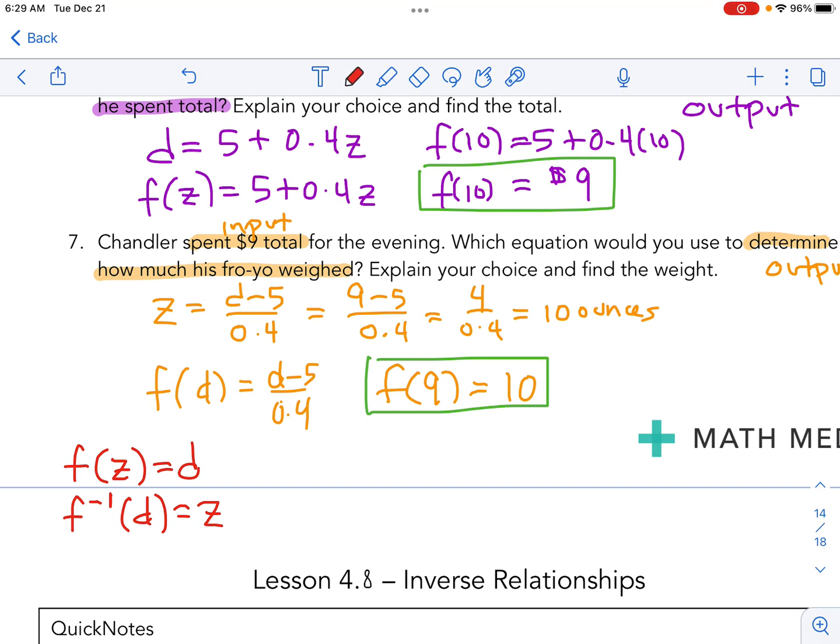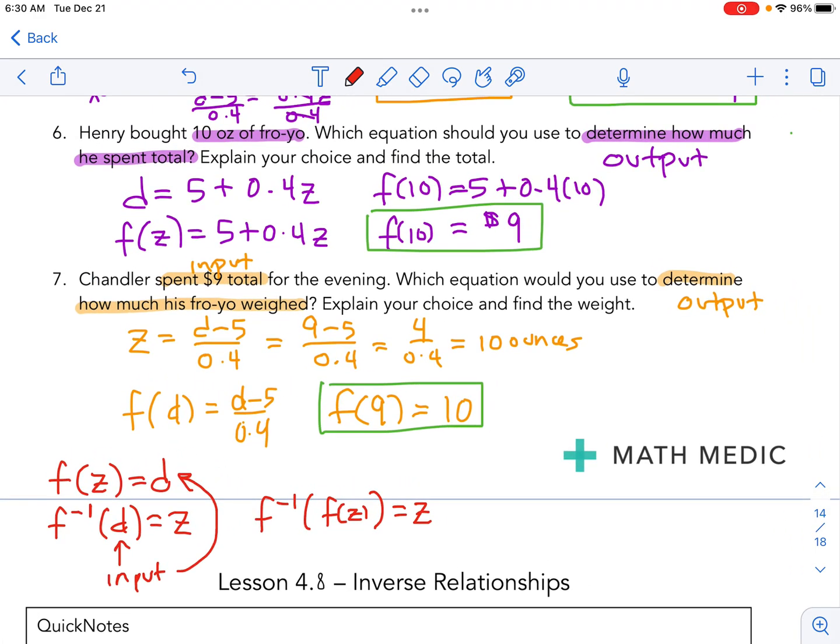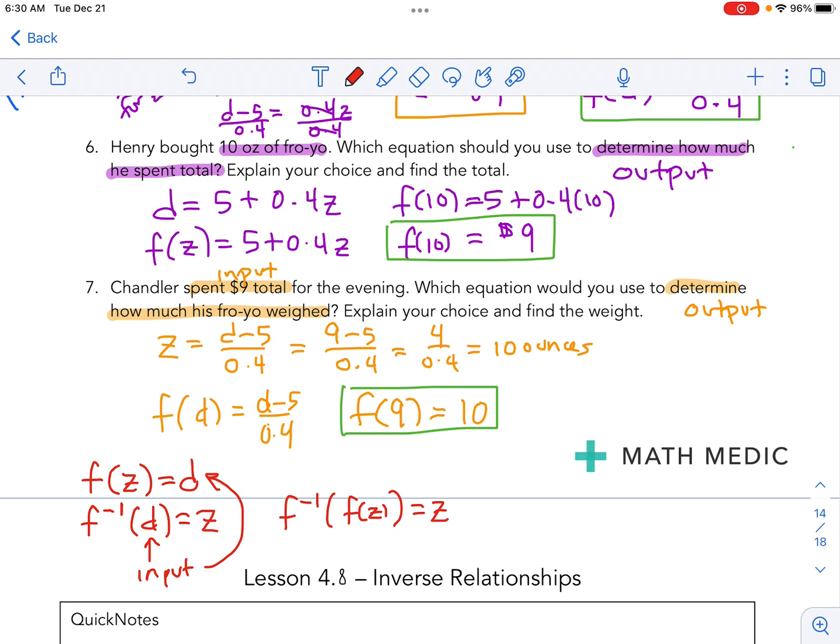So if I take the inverse expression and put into its input d, which is f of z, we get z.